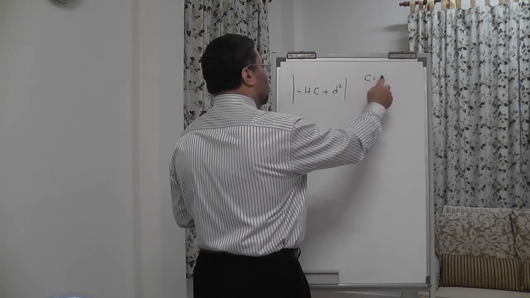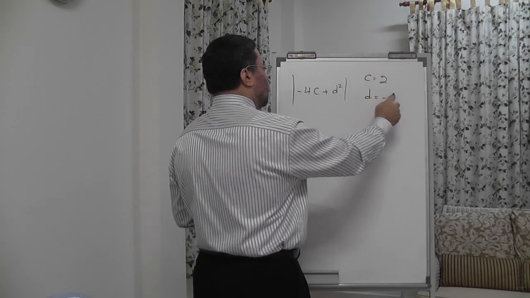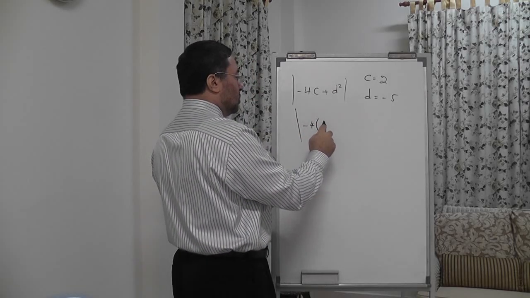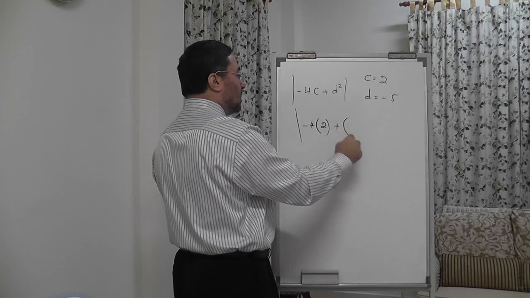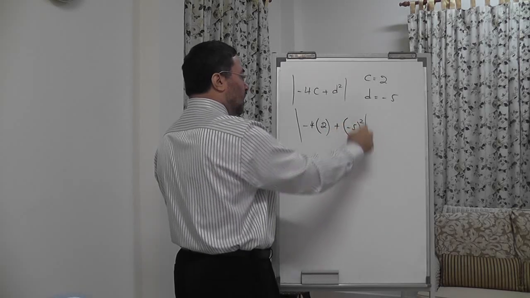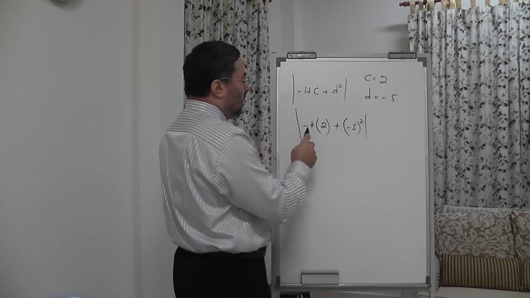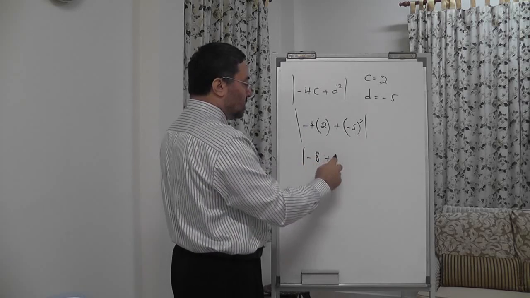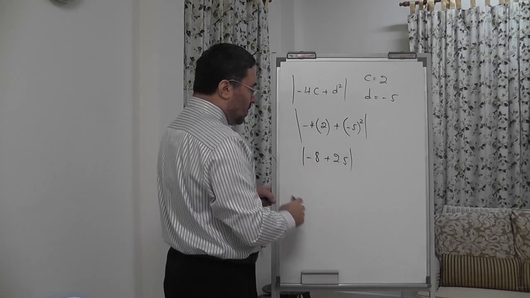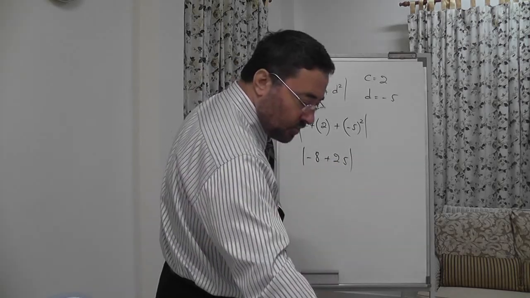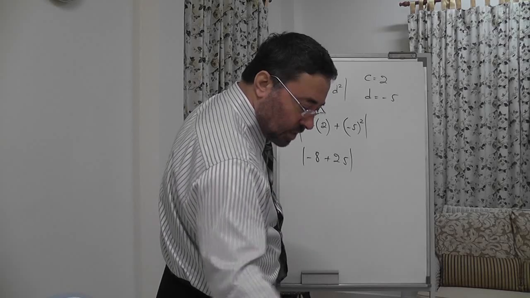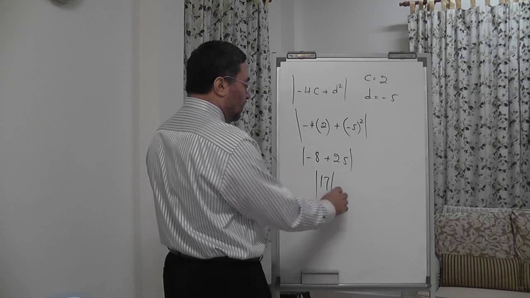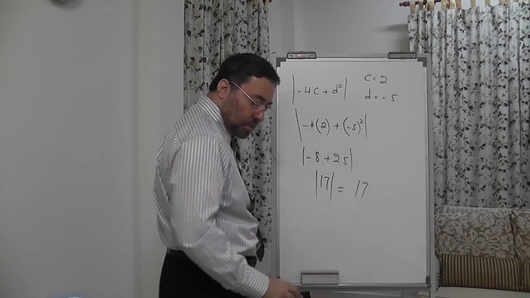So c equals 2, d equals minus 5. Absolute of minus 4 into 2 plus minus 5 squared. Minus 4 times 2, that's minus 8. And here this is squared, that's 25. In this case we get the difference, 25 minus 8, and that's 17. And it's a positive 17, and comes out from the absolute as 17.